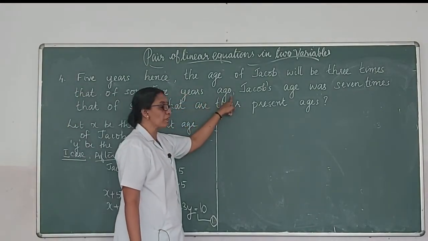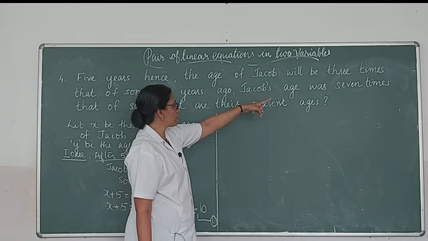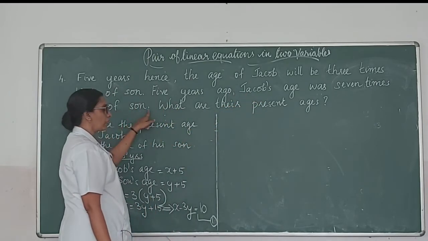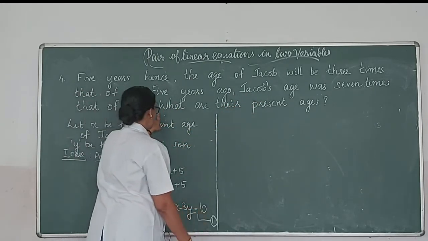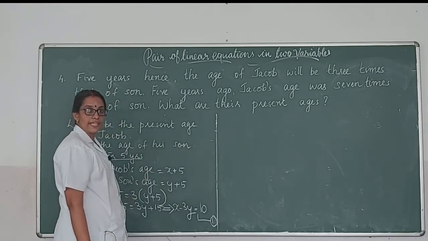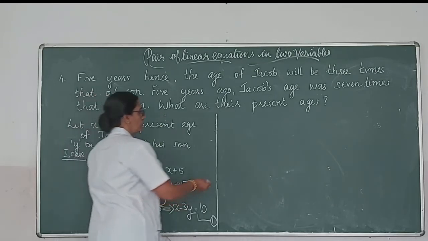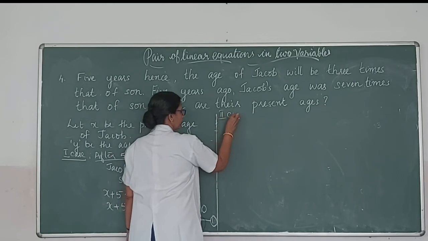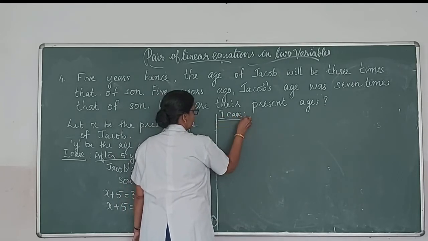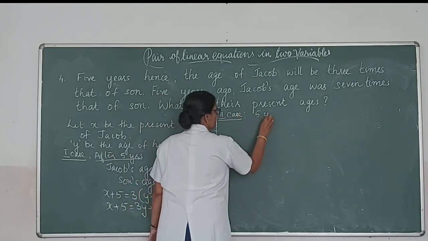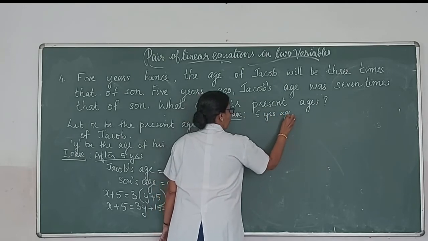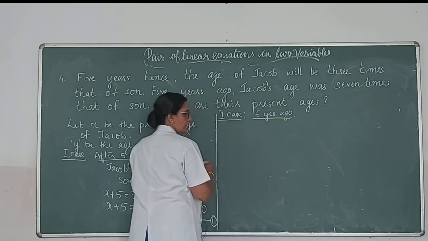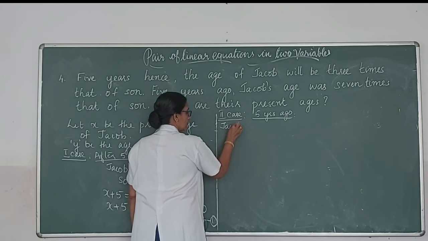Okay. Now second equation, second case is the case before 5 years. 5 years ago, Jacob's age was 7 times that of son. So now we have to consider the case which is 5 years ago. So second case, 5 years ago or before 5 years. What is Jacob's age?